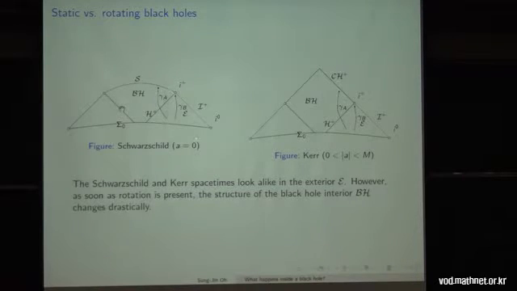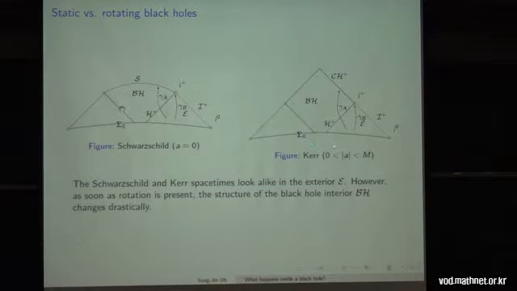In the case of Schwarzschild space-time, if a particle or an observer or an astronaut enters the black hole, then there's only one fate that awaits this poor guy or lady: in finite proper time, according to the clock of this astronaut, it'll reach this boundary of the space-time, which I'll call S. This is the region where R is equal to 0, where curvature tends to infinity. In other words, this observer will experience infinite tidal force, which will tear this guy apart, I'm sorry, as it approaches this singular region. And this is the only fate that's possible for a particle that enters the black hole.